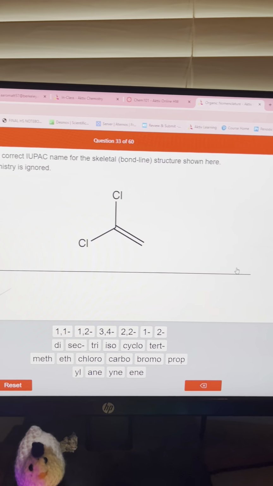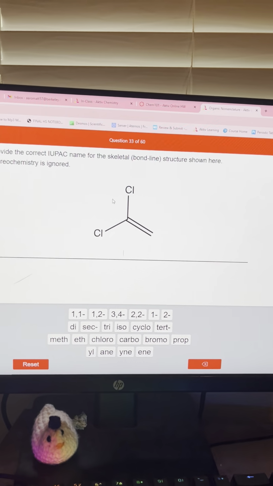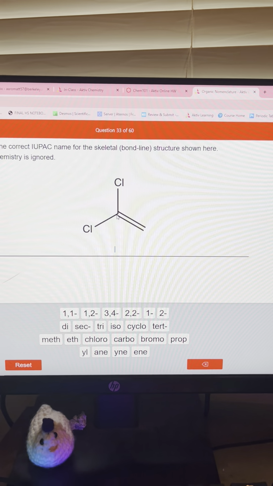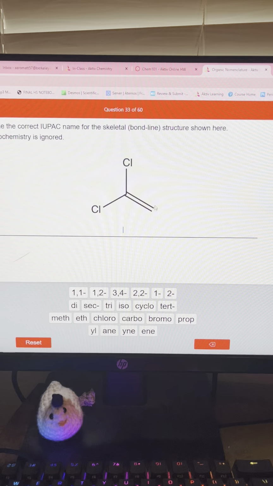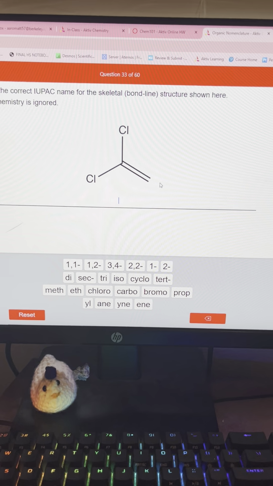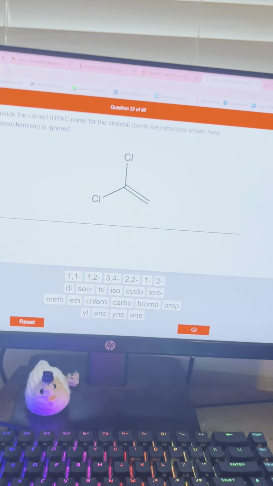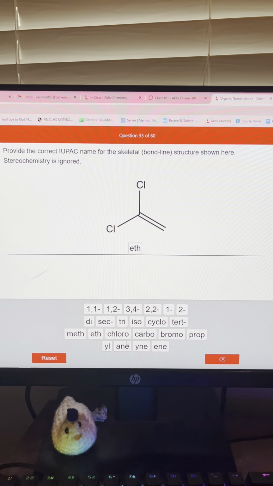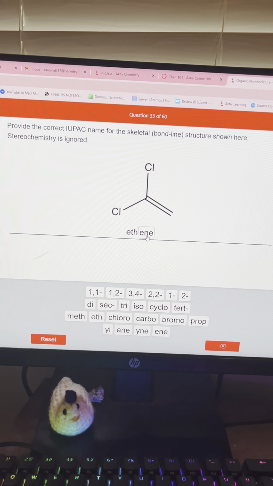Okay. Same thing here. This one's tricky. You start from here, so we have 1. Anytime there's not a number or a letter visible, you know that there's a carbon there. So 1, 2 carbons. 2 carbons is ethane. So now we're working with ene here, because ene is always the double bond.